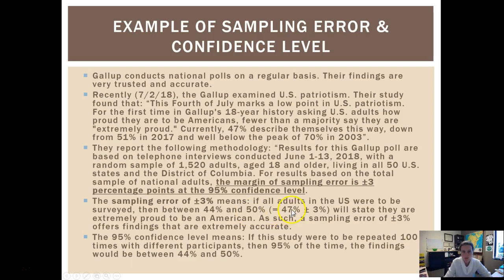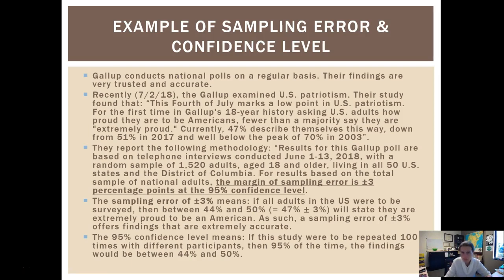That's that 47% that they found in the study right here. 47% plus 3% would be 50%. Minus 3% would be 44%. So again, if instead of just surveying these 1,520 adults, we surveyed every single adult in the United States, our findings would be between 44 and 50% of people would say that they are extremely proud to be an American.